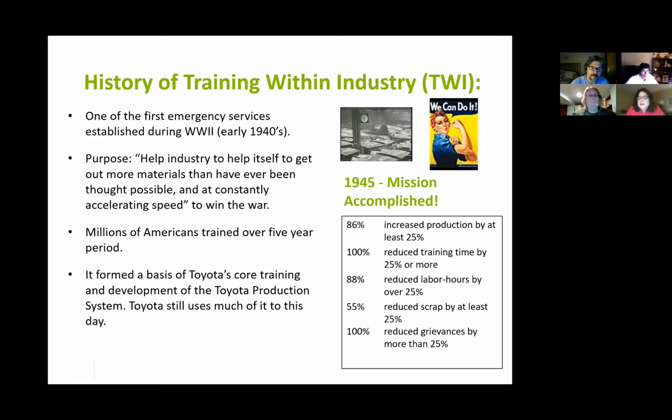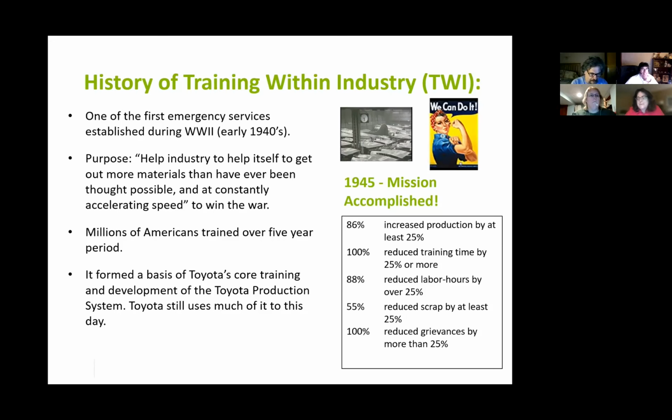So this first slide is my nod to history. I'm not the historian on TWI, and a lot of people have studied this stuff, but I want to give you a little background. It was developed as a government emergency service program back in the 40s to gear up for the war. So it was used in both manufacturing and healthcare. I've got the image of Rosie the Riveter on this slide.